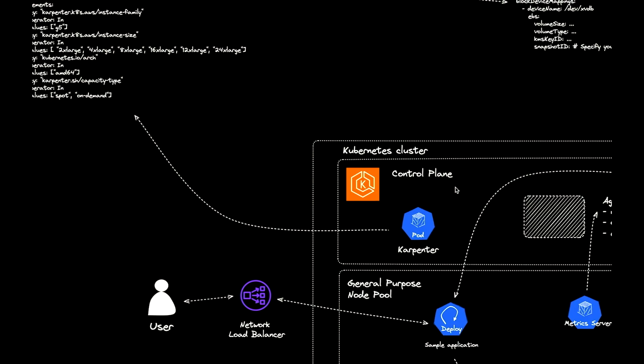So, like anticipated, Karpenter is a cluster autoscaler, which is different to the traditional cluster autoscaler, because instead of defining multiple managed node groups when you want to use different resource node types, you can actually define the configuration of your nodes with two custom resources, which are the node class and the node pool.